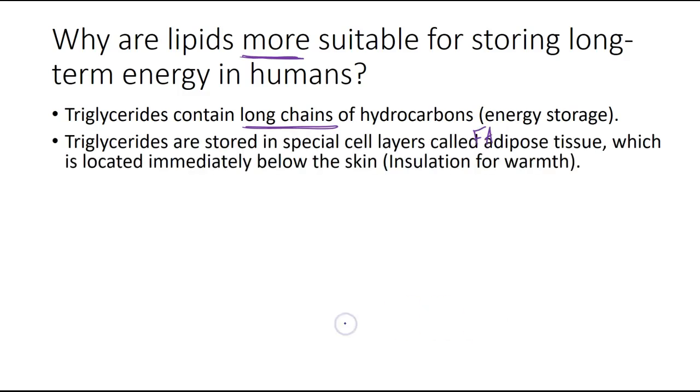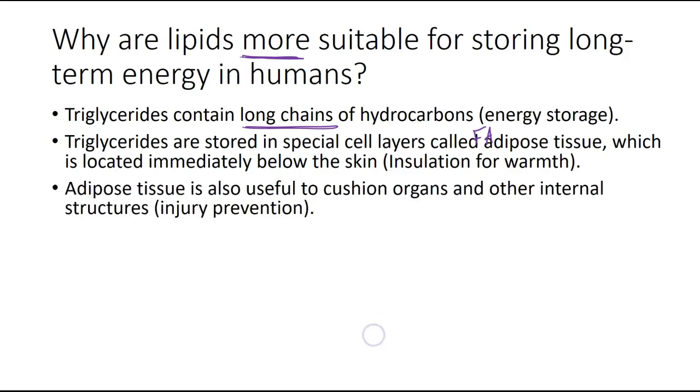The fact that triglycerides are kept in this layer of adipose tissue is really important for the conservation of energy in the long run, because if we can insulate the body for warmth, then we're not going to use excess energy keeping the body warm by burning through calories or spending unneeded energy on conserving the body's temperature if we can just insulate it in the first place.